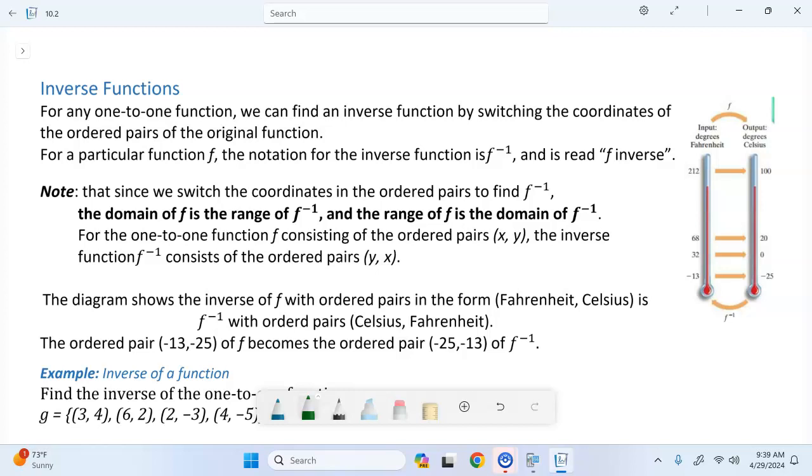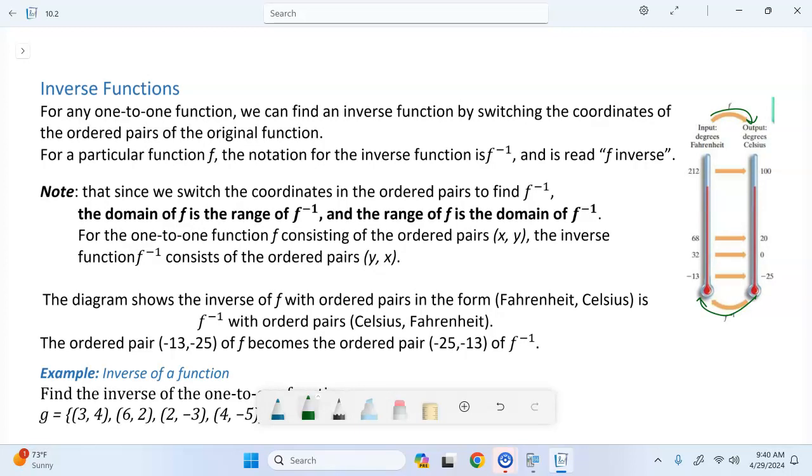And then I can do the opposite, where I take a Celsius and I plug it into a formula, and I get an output of a Fahrenheit. Because they're one-to-one, those relationships, those conversions are inverses of each other. So going from input to output, and then the inverse is going back from output to input.